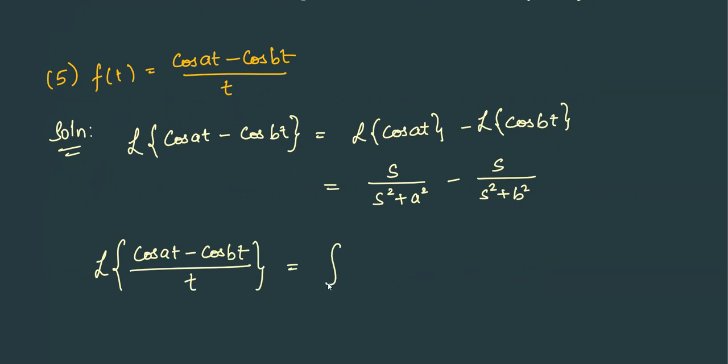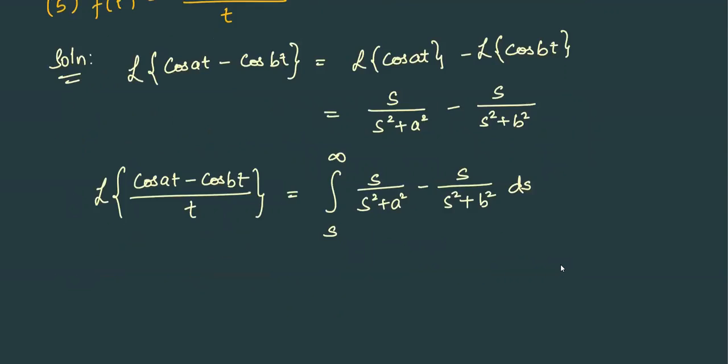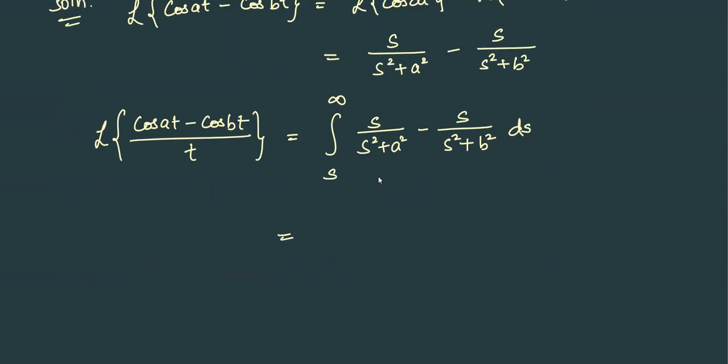This becomes the integral from s to infinity of the Laplace transform of the numerator, cos at minus cos bt. So multiplication by t and then division by t.